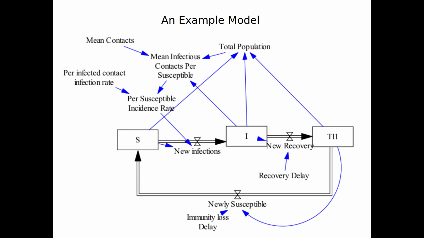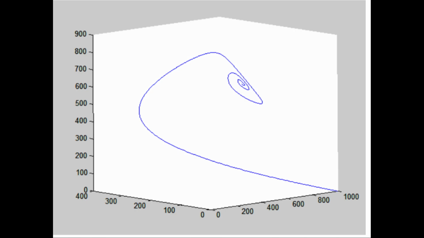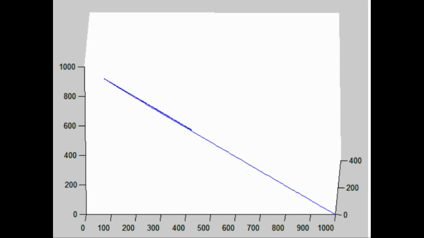The total size of the population. So that's why, ladies and gentlemen, there's only 2 degrees of freedom. If you plotted this out, it looks like 3 degrees. But if you look at it from the right angle, it's all on a plane.